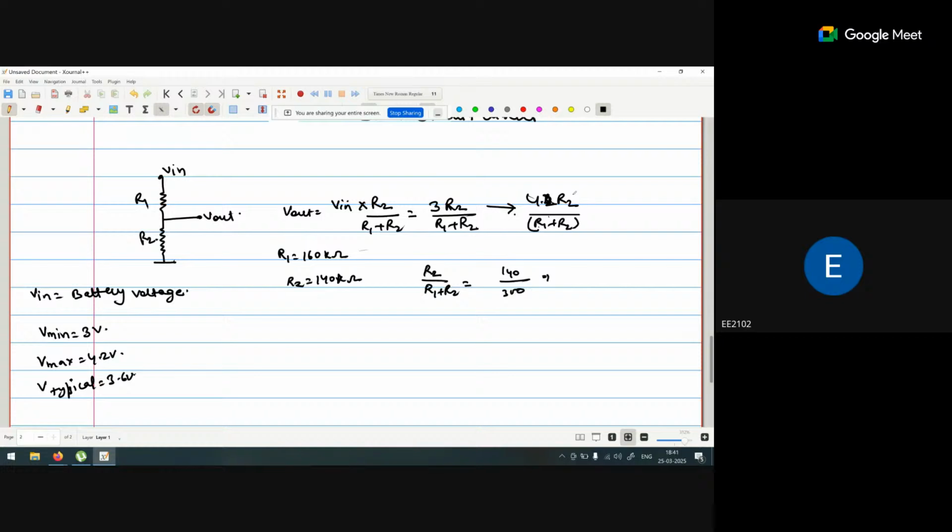So what is the range of output voltage? 3 times 140 to 4.2 into 150 divided by 2. So it becomes 1.4.